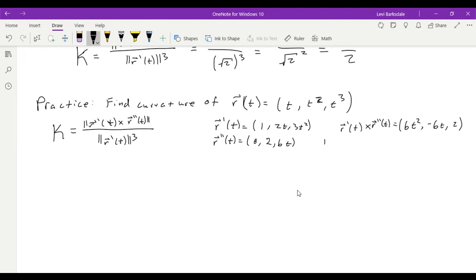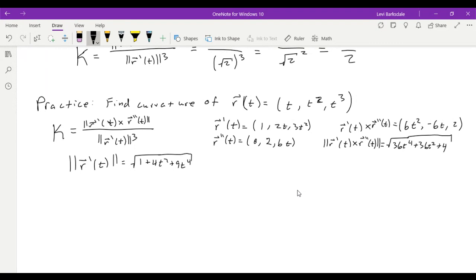So then the magnitude of that would be the square root of 36t to the fourth plus 36t squared plus 4. And of course, the magnitude of our first derivative, r prime of t, is equal to the square root of 1 plus 4t squared plus 9t to the fourth.